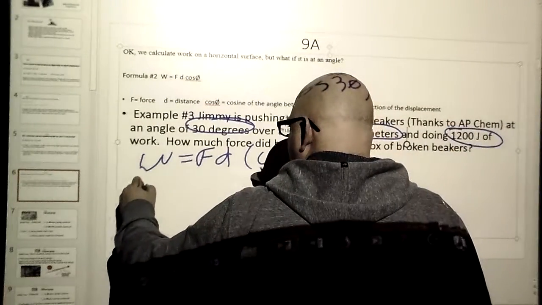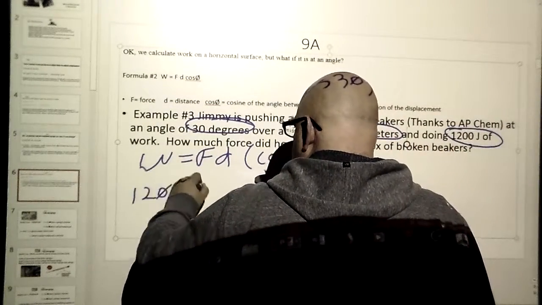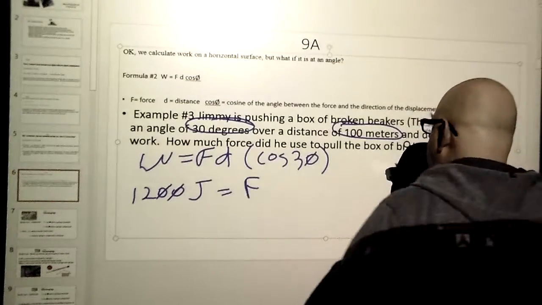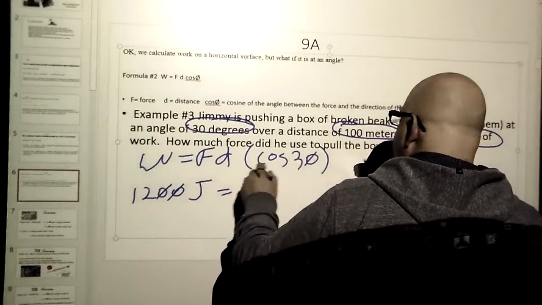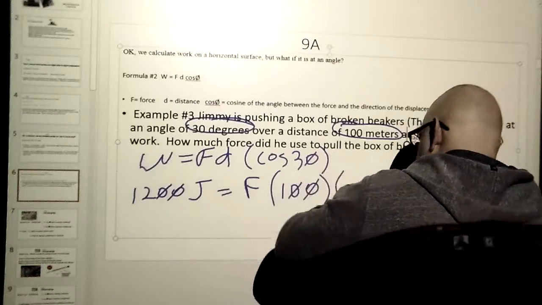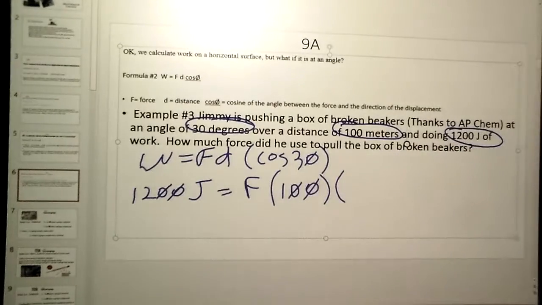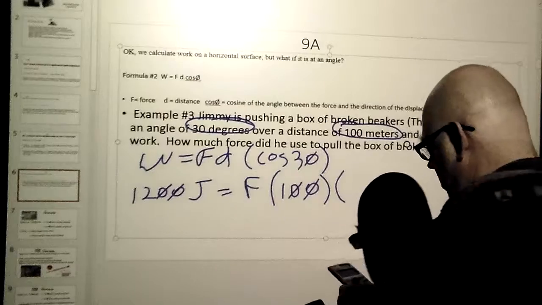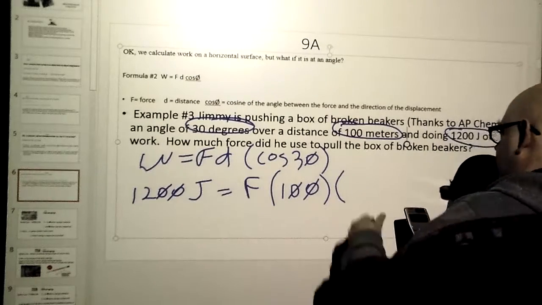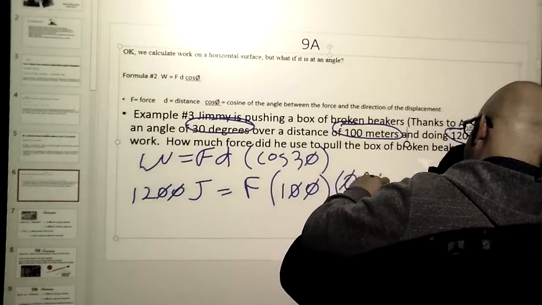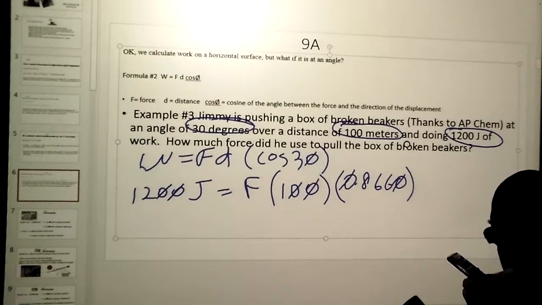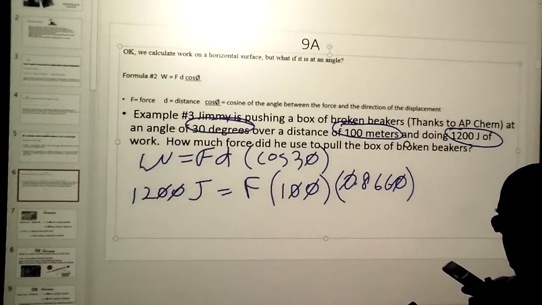So I can say 1,200 joules of work is equal to force, which is what we're trying to find, times the distance, which is 100 meters, times the cosine of 30 degrees. The cosine of 30 is 0.8660, times 100.